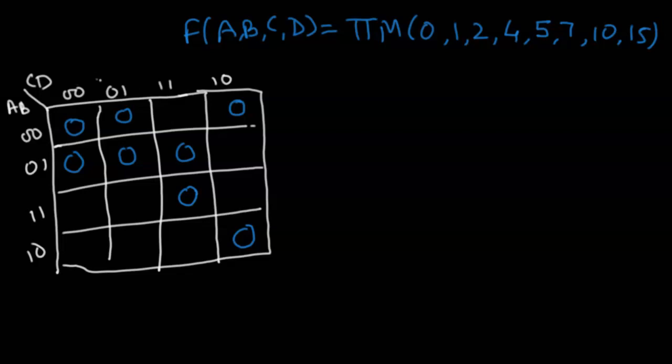Let's start grouping these. We will start from the highest power, that is 16, which is not possible here. The group of 8 zeros is not possible again. Then we come to group of 4 zeros. Here we have 4 zeros which can be paired together. So here we have group 1, and then we have group 2. These two can be grouped together, so we have group 3.